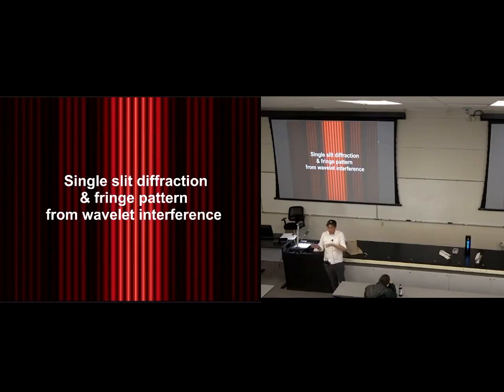So these little wavelets produced in the region of the slit are all going to be interfering with one another, and in some regions you're going to get constructive interference, in other regions destructive interference. You'll get a pattern of constructive and destructive interference, and you can get a fringe pattern where you see large amplitude waves or small amplitude waves. You see bright fringes or dark fringes, just like you got with the two-slit experiment.